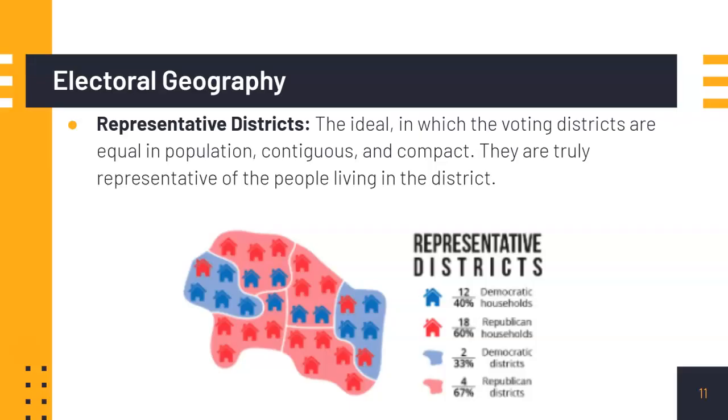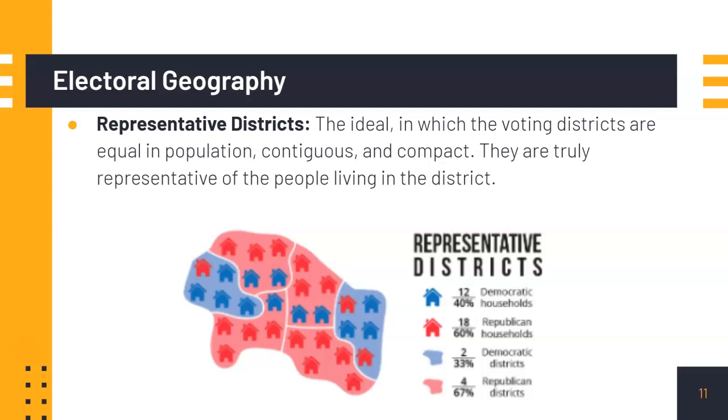Second, the district must be contiguous, meaning that all parts of the district are connected in one unbroken shape. This prevents any odd, fragmented districts that could be designed to favor one political party over another by splitting up communities in unnatural ways. Finally, a compact district is one that has smooth boundaries, not overly stretched or irregular.